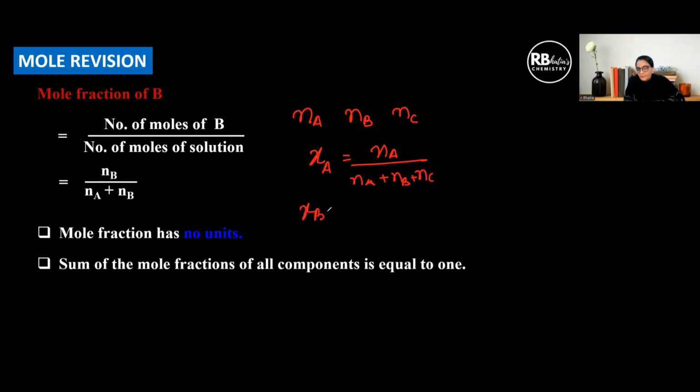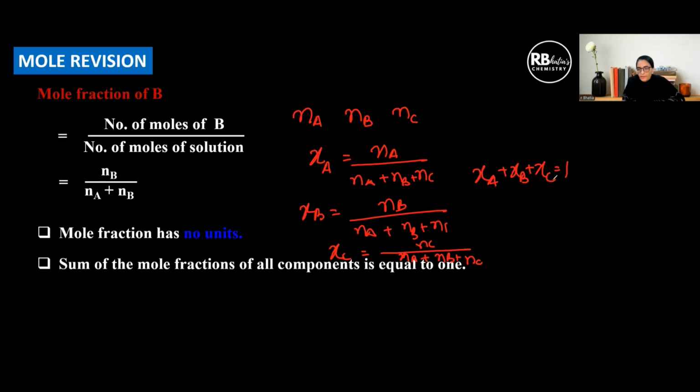Similarly, chi B is going to be Nb upon the sum total of these three, and chi C is going to be Nc upon the sum total of these three, such that chi A plus chi B plus chi C is equal to 1. So just remember, the sum of mole fractions of all the components is equal to 1, whether it's a binary, ternary, or any type of solution.